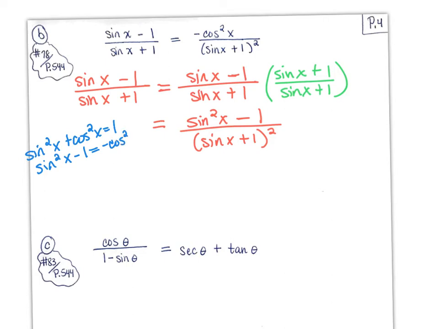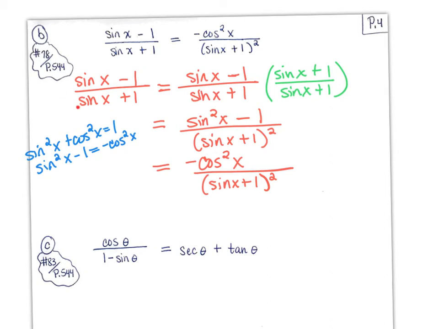Negative cosine squared x, which is exactly what our numerator is. Negative cosine squared x divided by the quantity sine x plus 1 squared. So we just proved that this equation is an identity.